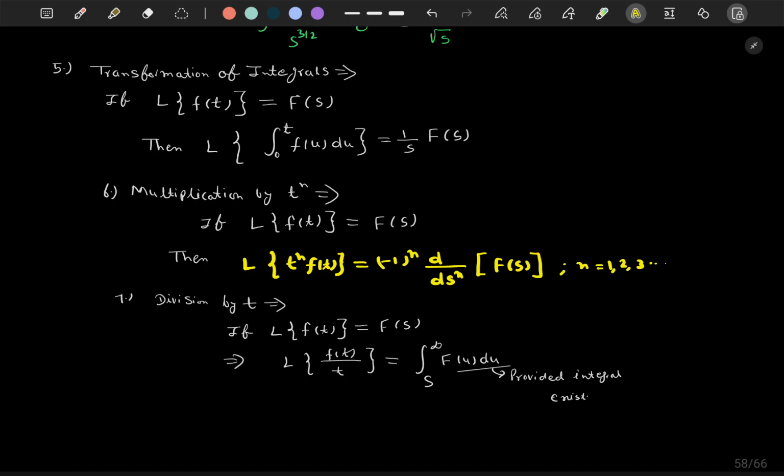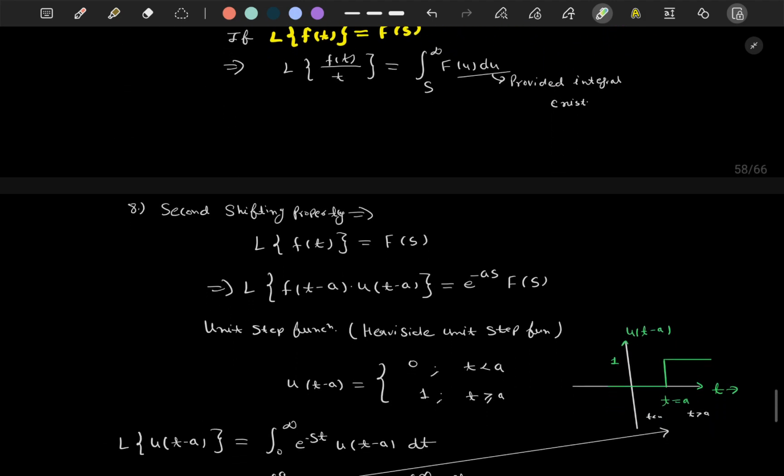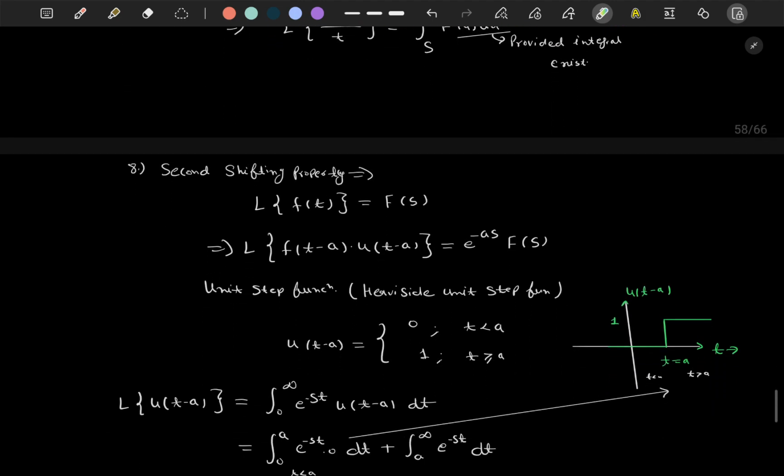Minus 1 raised to the power n and n times the differentiation of that Laplace transformation function. Okay. Now what will happen if we divide by t? Simply the integral of F of u du from s to infinity. Second shifting property we have: if we shift our origin to a, then e raised to the power minus as F of s.